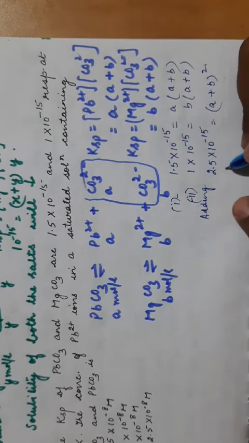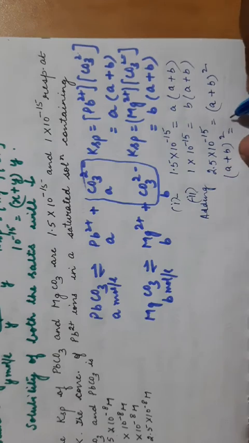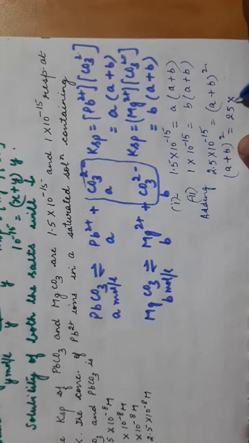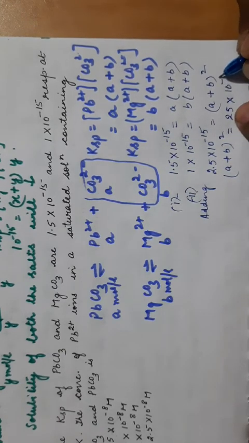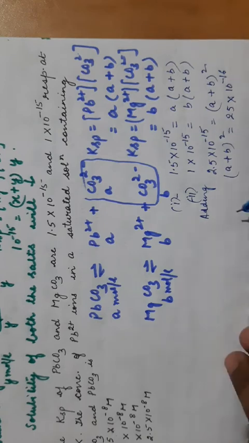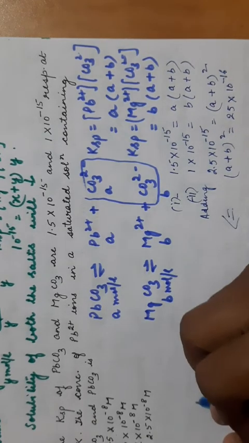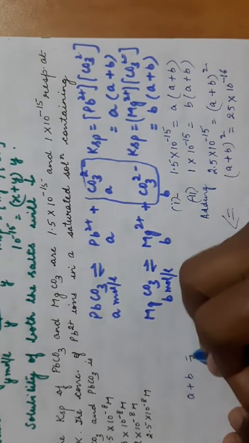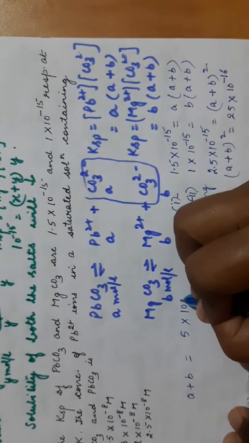Clear? We can write A plus B squared is equal to 25 into 10 power minus 16. Now the square root of 25 is 5, and 10 power minus 16 gives minus 8. So the value of A plus B is equal to 5 into 10 power minus 8.